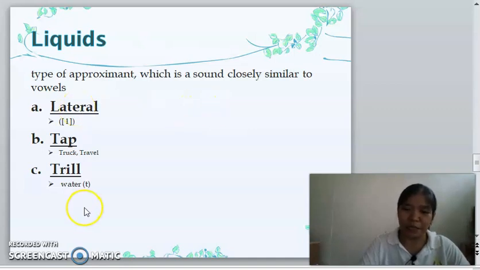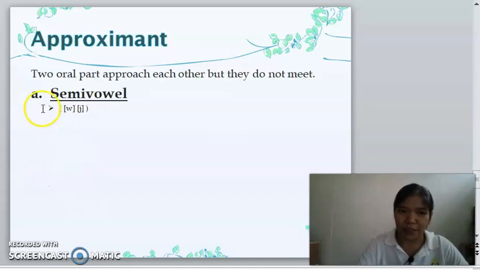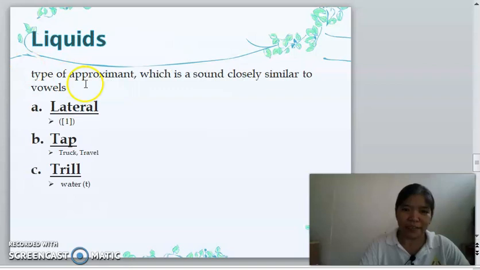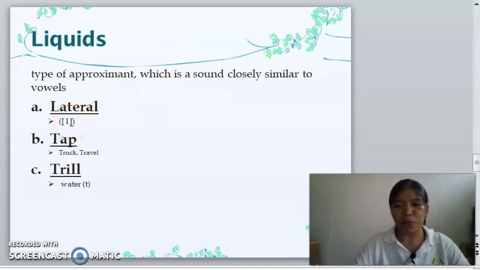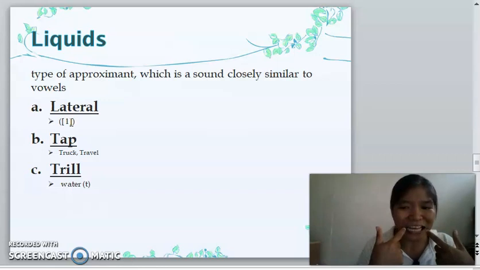It's different from semivowels, because semivowels already sound like vowels, like the sound of W. When you produce it like W, it sounds like U. For liquids, they only sound close to vowels. Like the lateral here, when you produce the letter L, the air passes through the sides of the tongue. I have told this one in the last video, but I'm just repeating it.